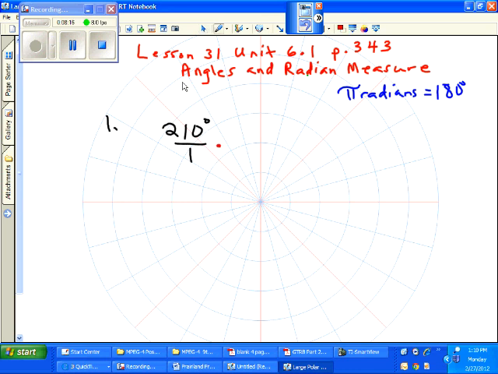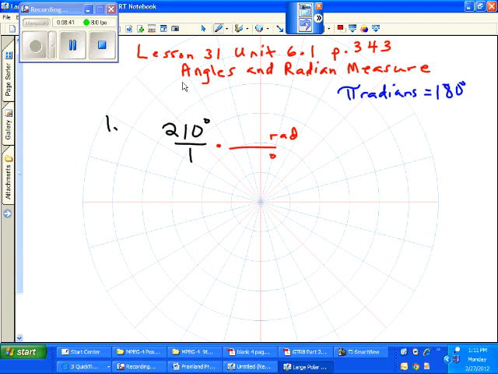And we're going to multiply such that we lose the name degree and gain the name radians.